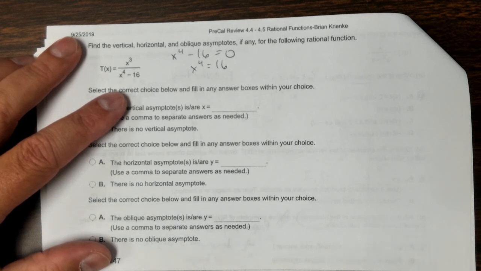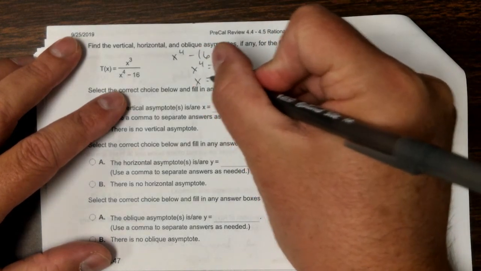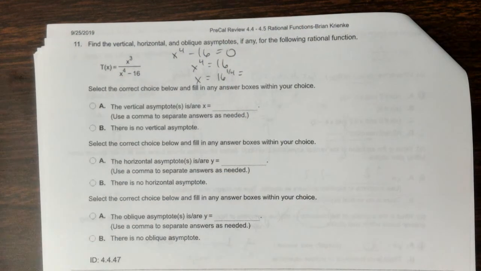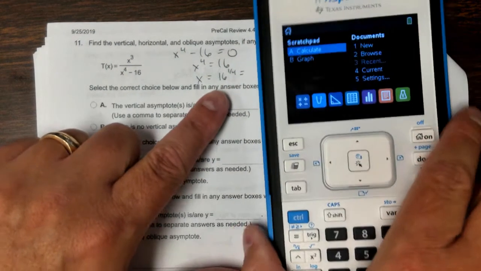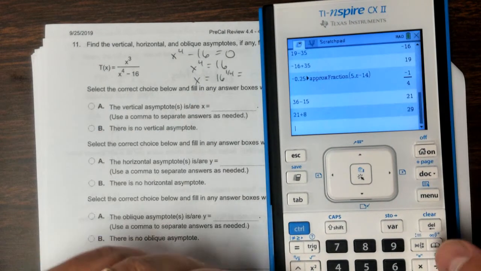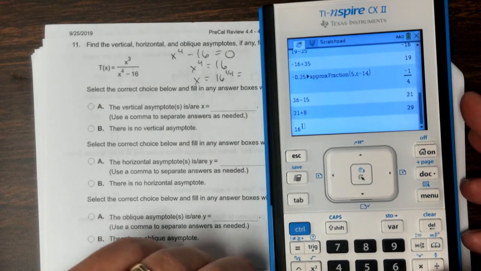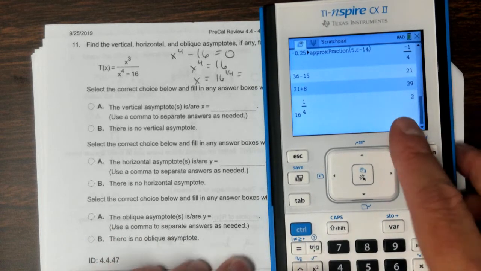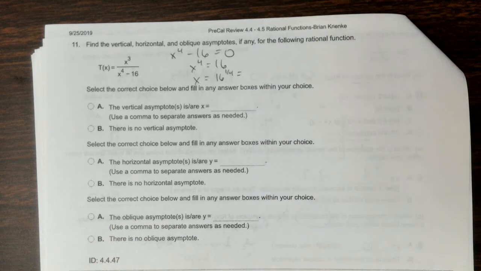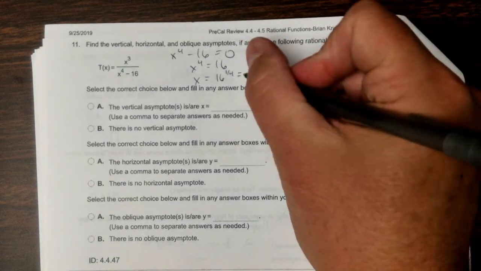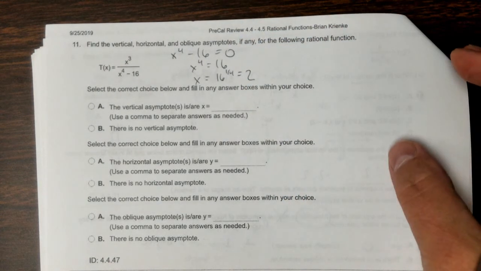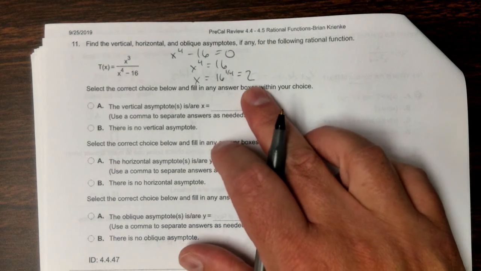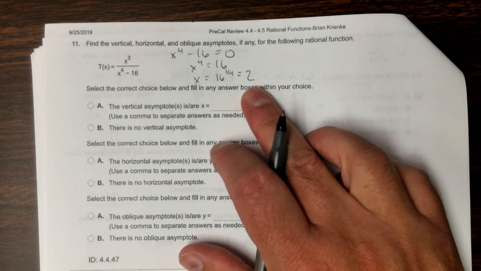I'm about to take the 4th root of 16. I believe it's 2. It is 2. Now let's be careful about that, because we might have a plus and minus.